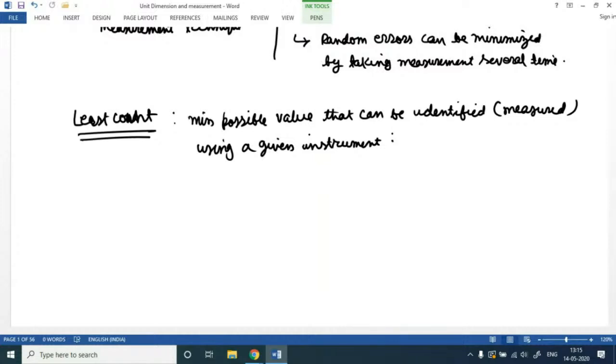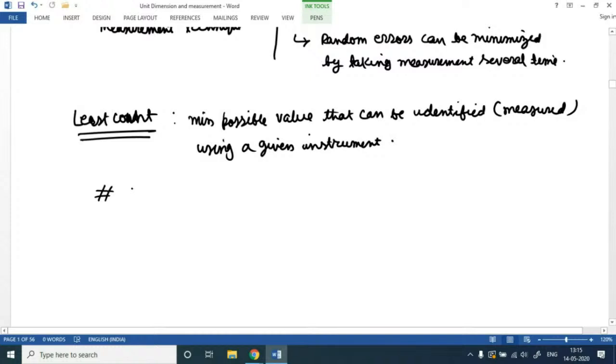For example, everybody has seen the meter scale, and the smallest division in the meter scale is nothing but 1 millimeter. So the least count of a meter scale will be 1 millimeter, because that is the minimum possible value that can be measured using that meter scale. And you should realize a few important points regarding the least count.